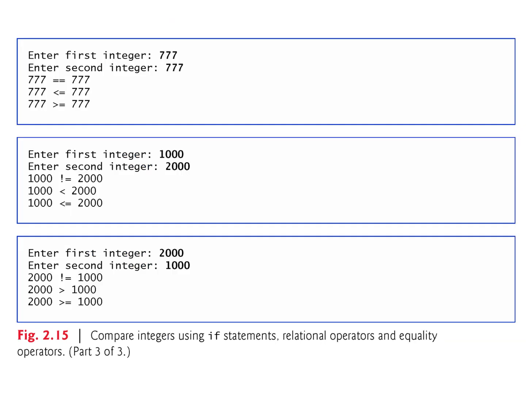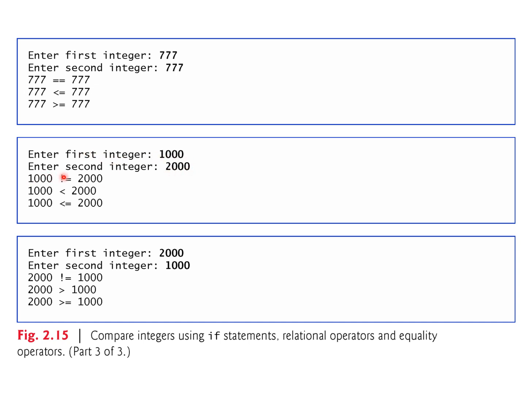Here are some sample runs of the comparison program. In the first run, the user enters 777 for both number1 and number2. So three comparisons, equal, less than or equal to, and greater than or equal to, between these two numbers are true and are displayed. In the second run, the user enters 1000 for number1 and 2000 for number2.